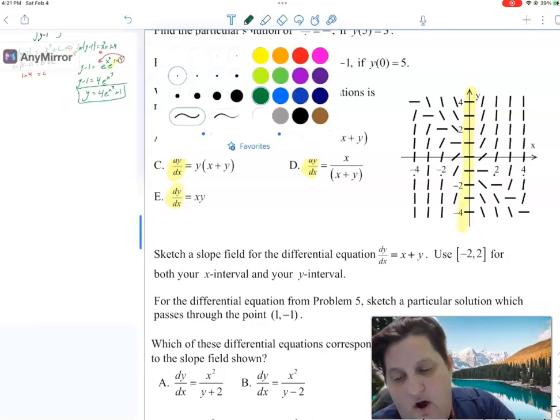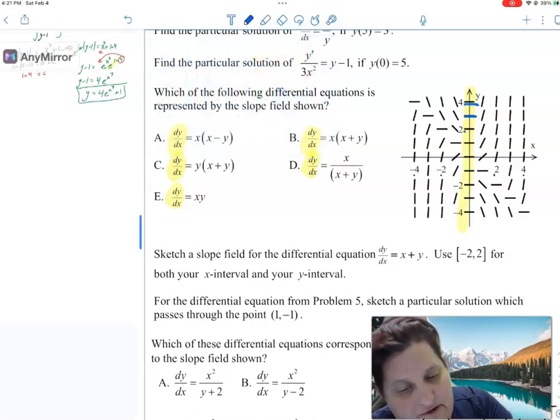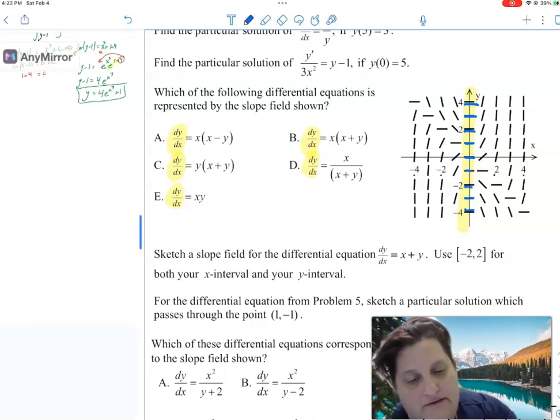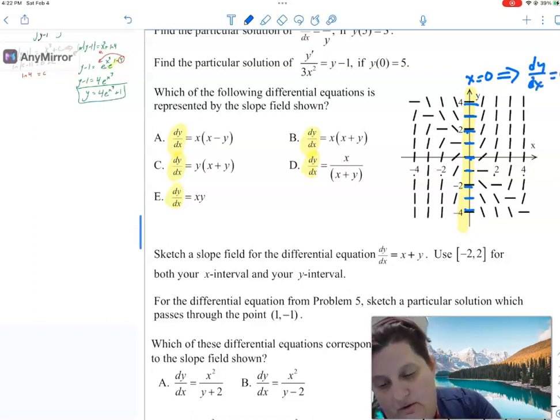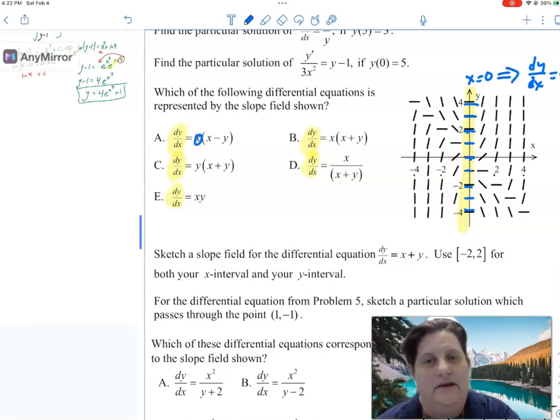Now, on number 4, the first pattern that I see is right here. Do you guys see that all of those slopes are 0? Those are points like (0,0), (0,1), (0,2), (0,3). When x is 0, all of my slopes are 0. So, if x is 0, are all those slopes 0? A, yes.